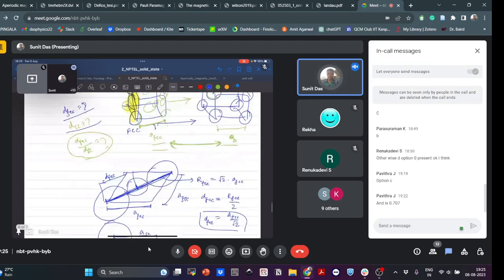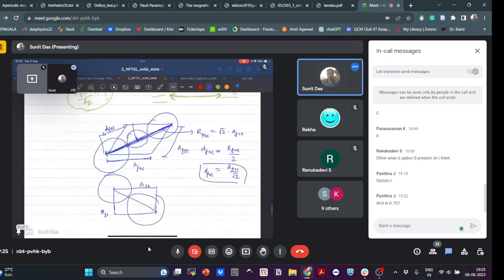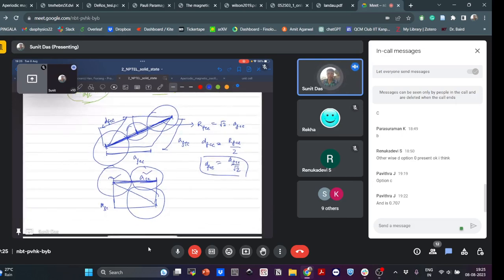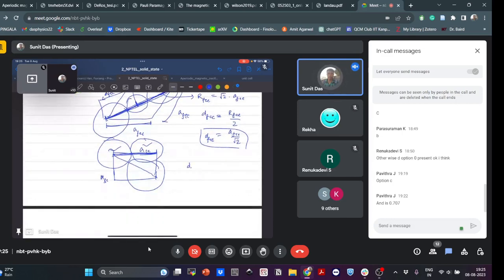Not really, we don't need to find the diagonal, because to find the nearest neighbor for simple cubic, these corner atoms themselves are nearer than the diagonally placed atoms. So this is the nearest neighbor distance for simple cubic, and this is also the dimension of the simple cubic. So the nearest neighbor distance for simple cubic is just the dimension of the simple cubic unit cell. So we'll find out both of these now.